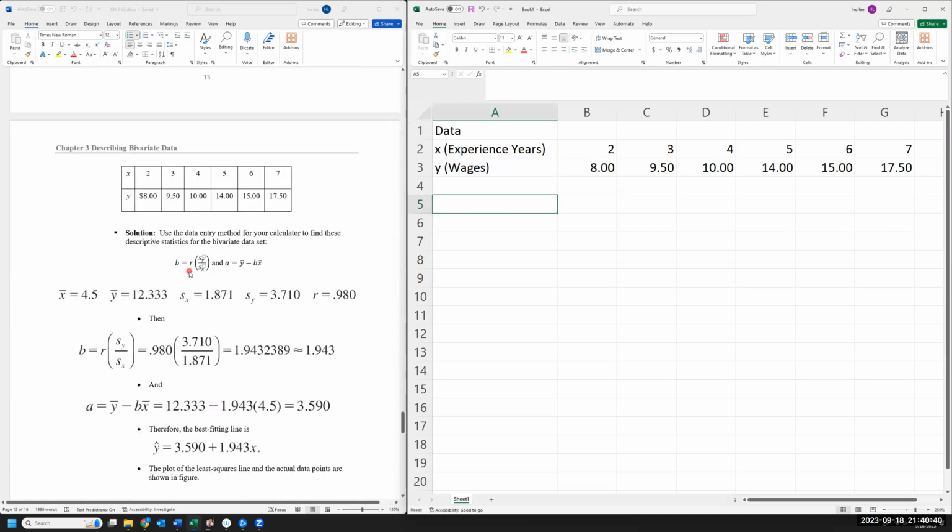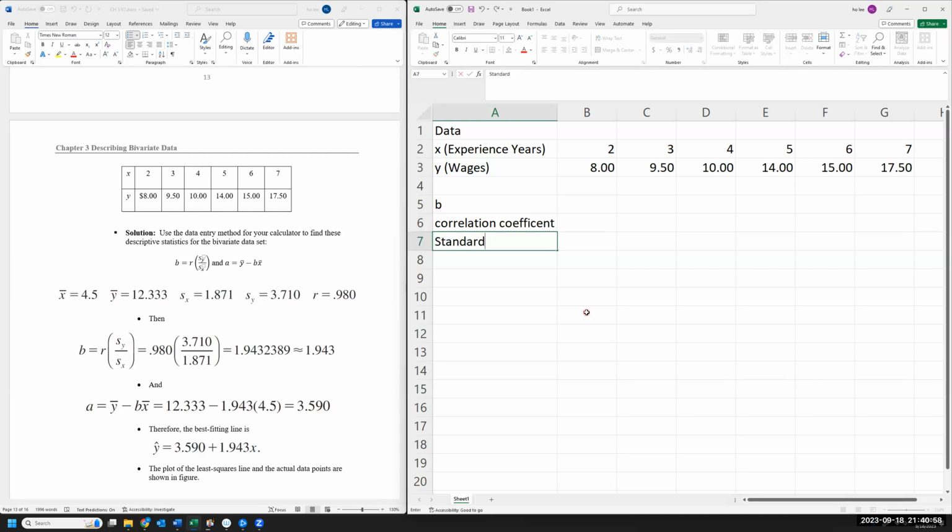So we got B is equal to correlation coefficient times standard deviation of y divided by standard deviation of x. So in order to solve for B, we need the correlation coefficient. And we also need standard deviation of x, standard deviation of y.